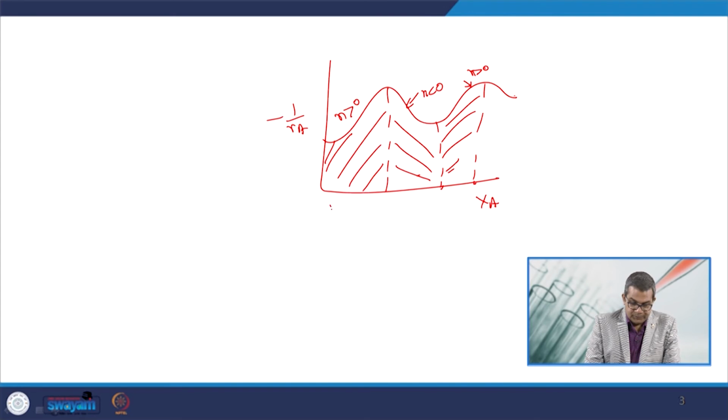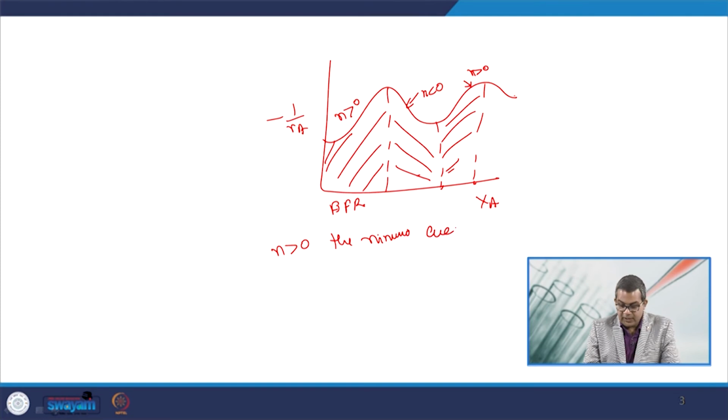So, for n greater than 0, the minimum area required is for the PFR.